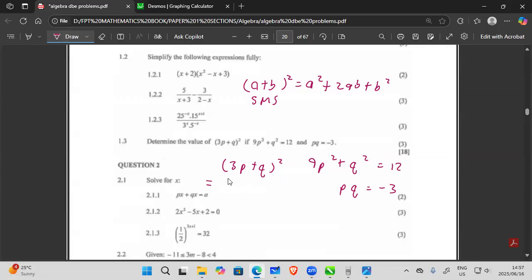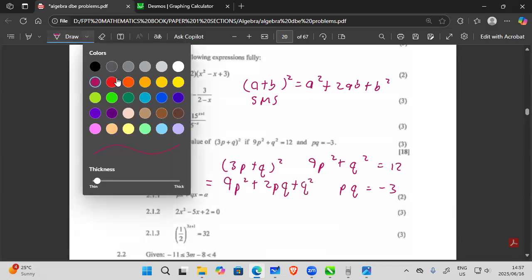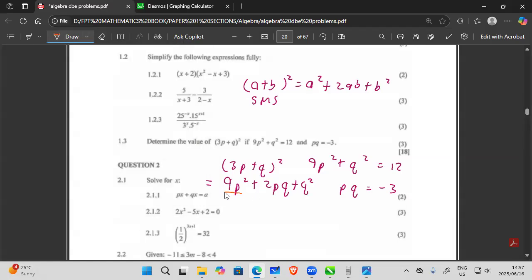So what we do here now is, if I do squaring of a binomial, this will become 9p squared plus 2pq plus q squared. Can you see it? And so 9p squared plus q squared is the same as what? 12. And pq is the same as what? Minus 3.